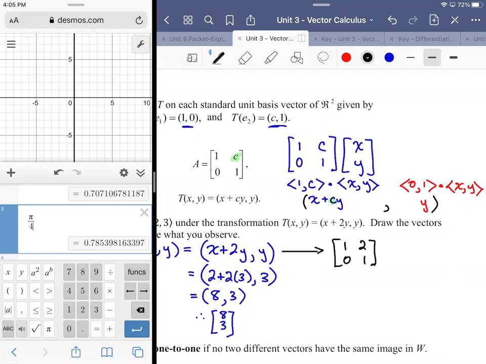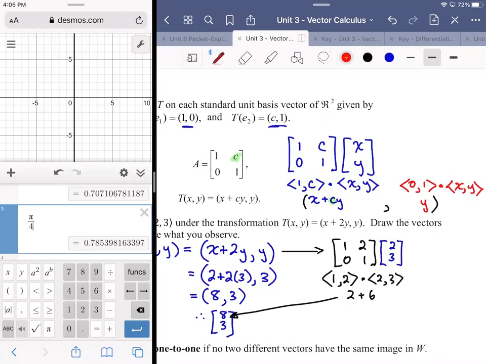And if we multiply that against the column vector (2, 3) instead of (x, y), using the dot product approach, (1, 2) dotted against (2, 3): 1 times 2 is 2, plus 2 times 3 is 6. That gives you the 8.